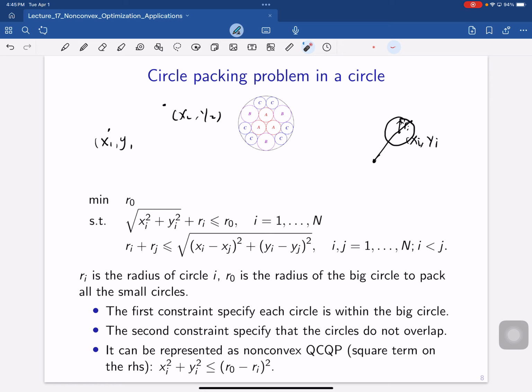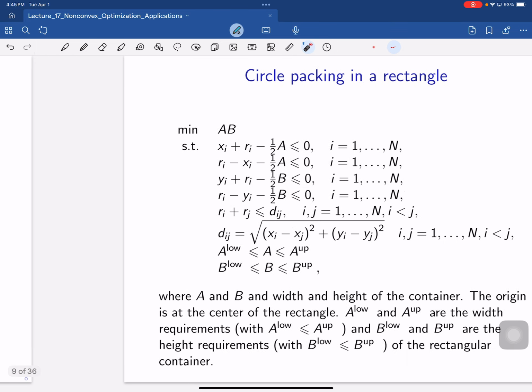We will talk about that in the next lecture. So you could put a square on both sides of the inequality, then you can convert, for example, this constraint to a QCQP. Right? You get rid of the square root, but then you have some square term here. Okay. So this is circle packing in a circle.